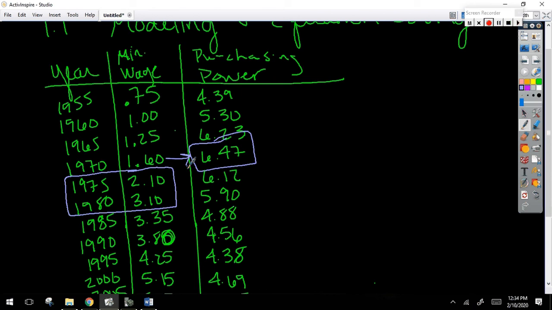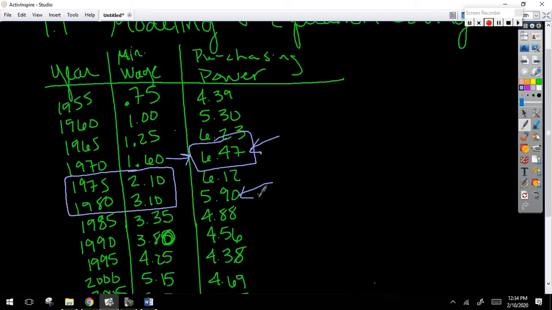Why, after that huge increase, did they still want to increase it again? You're exactly right. The purchasing power was $6.47 here, but even at 310, it was only $5.90. So they didn't feel like it was very fair. Does that make sense? How we're using the chart to answer the questions? Everybody okay on that?